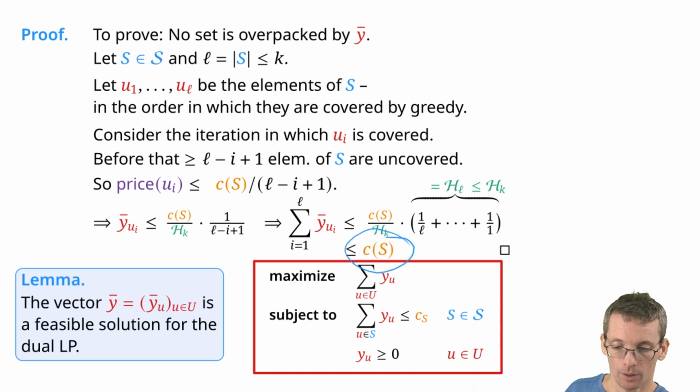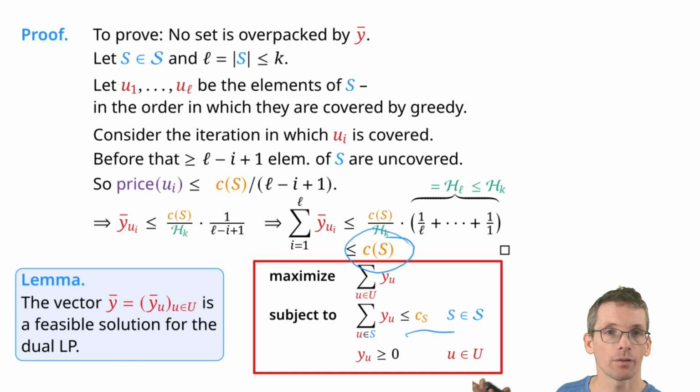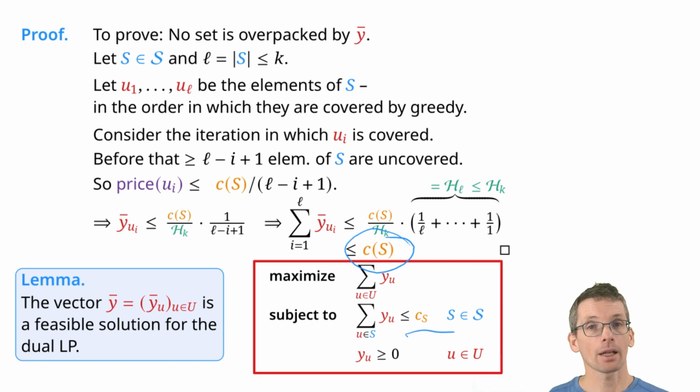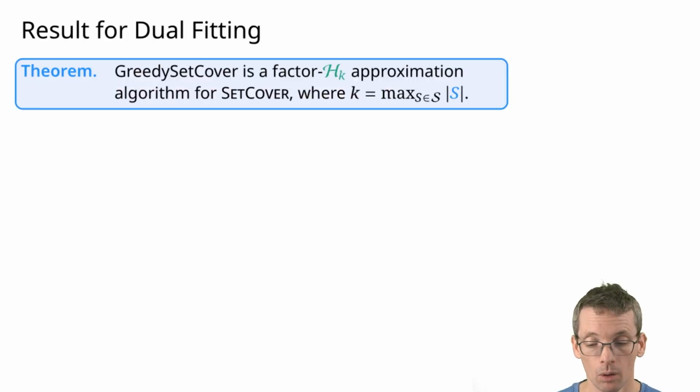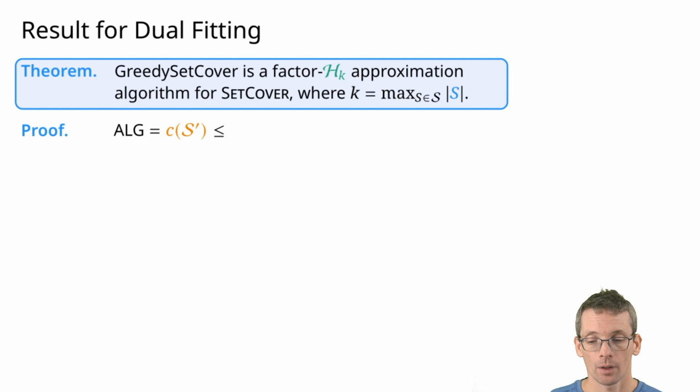And with that, we know we have a feasible solution and a feasible dual solution. And therefore, we now know that we actually have a factor H_k approximation. So let's have a look at this once more for the algorithm.